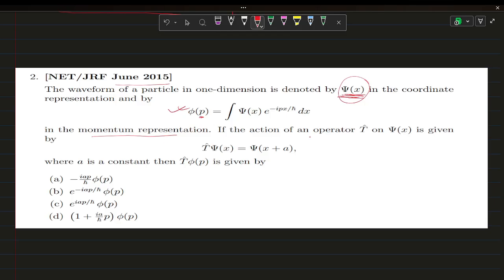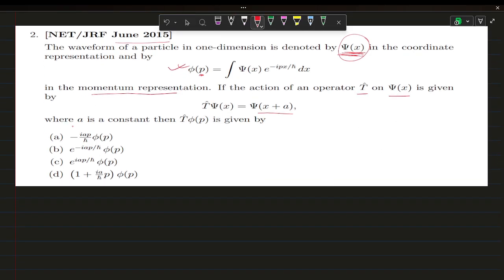So if the action of an operator T̂ on ψ(x), if T̂ is operated on wave function ψ, is given by Tψ(x) equal to ψ(x+a), where a is a constant value, then Tφ(p) is given by what? So what will happen if we operate the operator T̂ on the wave function φ(p), the wave function in the momentum space?